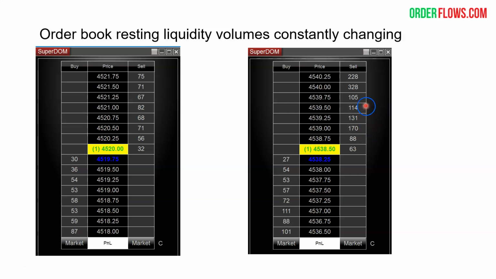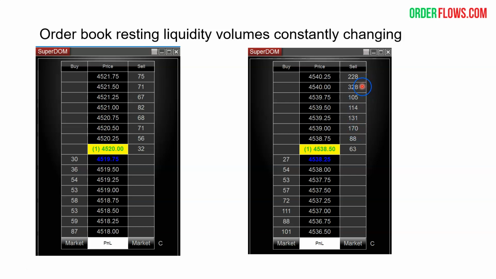Obviously the 105 is not more than the 114, but again, this is just the order book. So if you see an order book with big size and it trades, this is where people get confused. They see there's 328, then the next thing they know, it's 45.40 bid, but maybe that 328 got pulled, and only 75 contracts actually traded there. I mean, these are the games that these algos play.